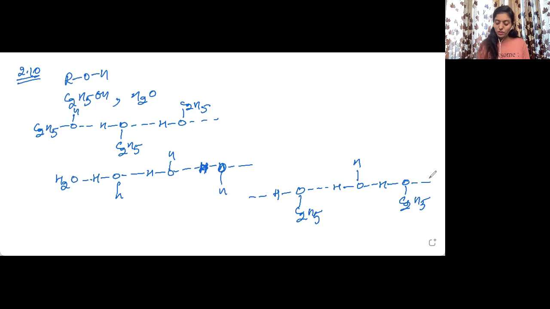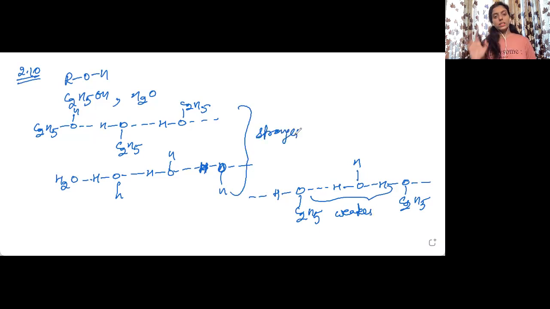Now what has happened? These interactions are weaker than these interactions. So when alcohol and water are in pure form, the interaction of water molecules with each other, that is the hydrogen bonding, is very strong as compared to the hydrogen bonding between alcohol and water molecules.